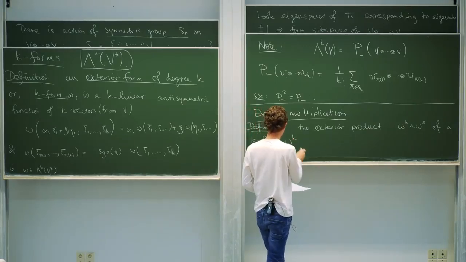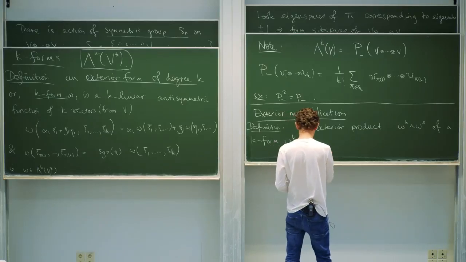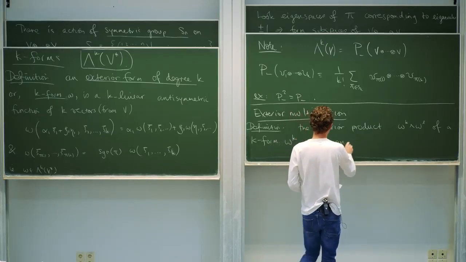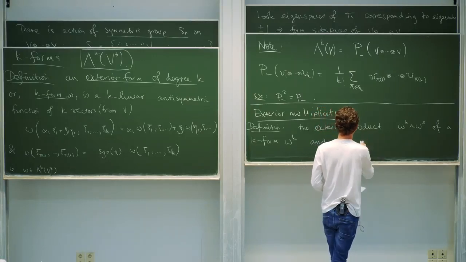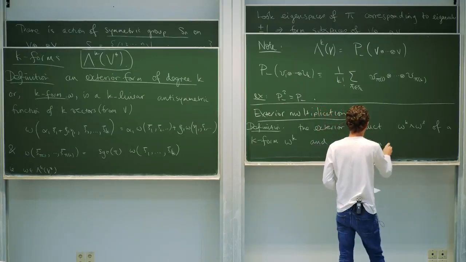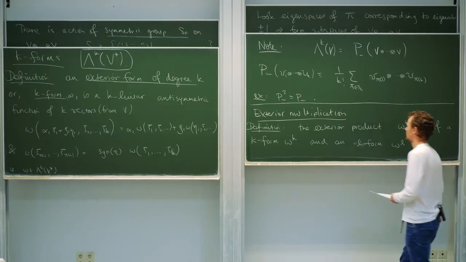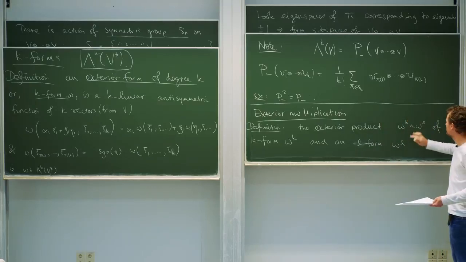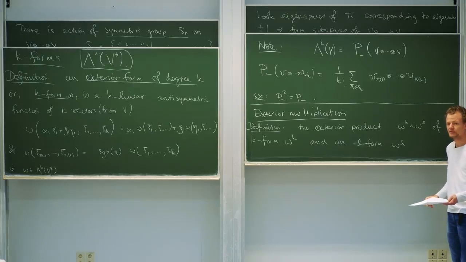So you take some k form omega k and some L form omega L, and you stick them together by defining this thing called the wedge product.